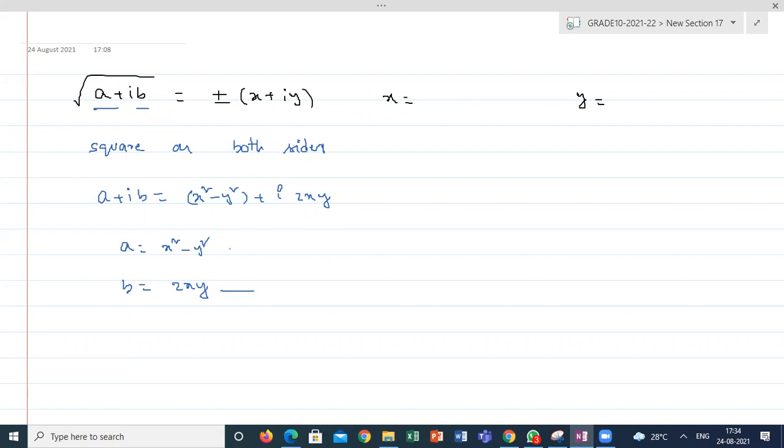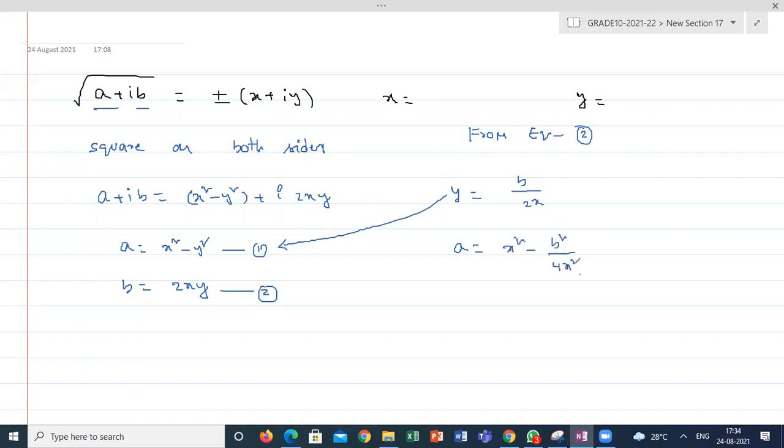So from the second equation, I'm calculating the y value. My y is equal to b by 2x. If I substitute this y value in the first equation, I get a is equal to x square minus b square by 4x square.